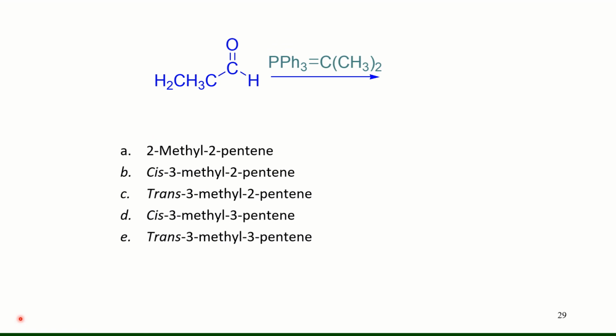Here we have a different flavor of the ylide. You can see it looks like an isopropyl ylide that we're going to react with this propanal. Think about the number of carbons that you have in the reaction. Think about the coupling, and go ahead and do that. We can go through that in our discussion sessions.